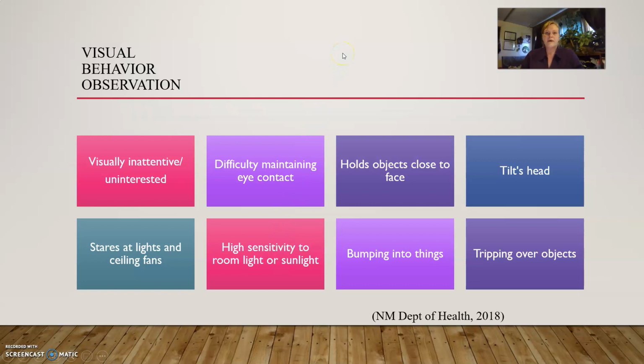Some of the visual behavior observations that we watch for, or we have the teachers watch for as well, are students that are visually inattentive or uninterested, have difficulty maintaining eye contact, hold objects close to their face, tilt their head, seem to be sensitive to lights or sunlight, tend to bump into things, trip over objects, or maybe stare at the lights or ceiling fans.